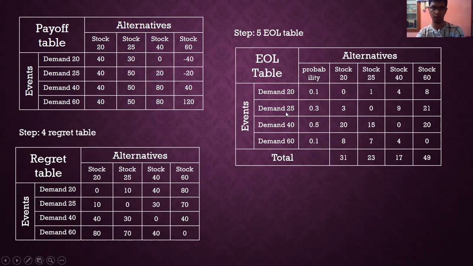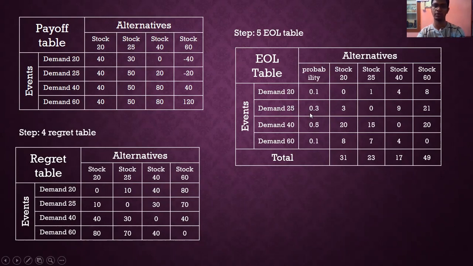So this 0.1 we are multiplying with this whole row, like 0.1 into 0 will give us 0, then 0.1 into 10 will give us 1, then 0.1 into 40 will give us 4, then 0.1 into 80 will give us 8, then like the same.